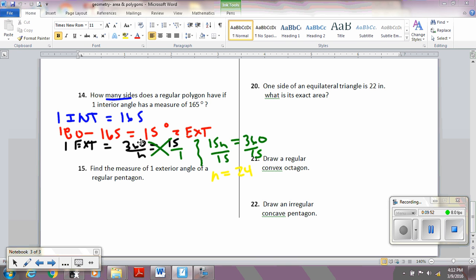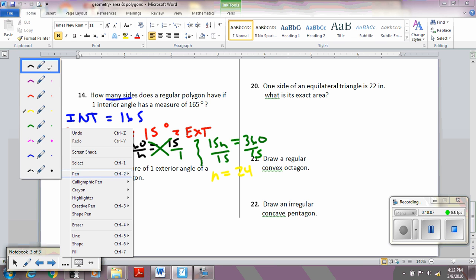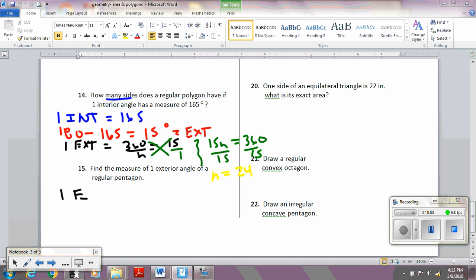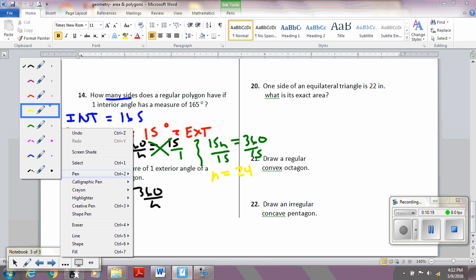Number 15 wants us to find the measure of one exterior angle. So again, the exterior angle formula is 360 divided by n. It tells us it's a pentagon, so that tells us it's 5-sided.